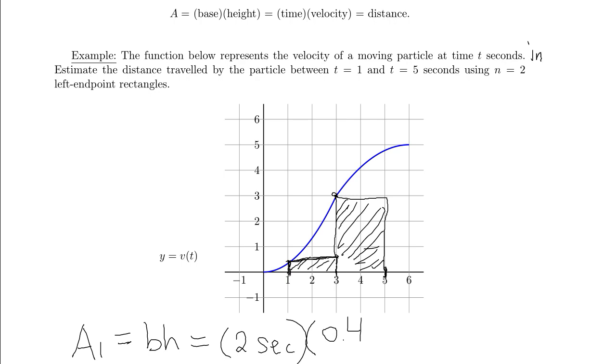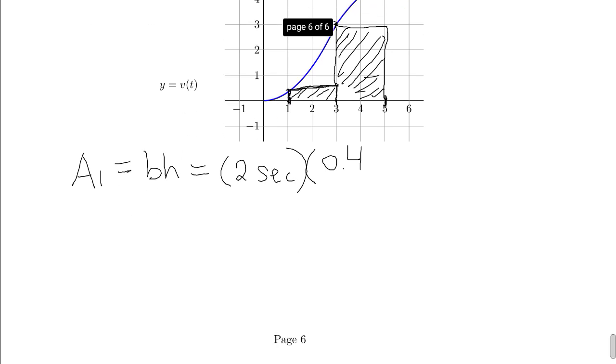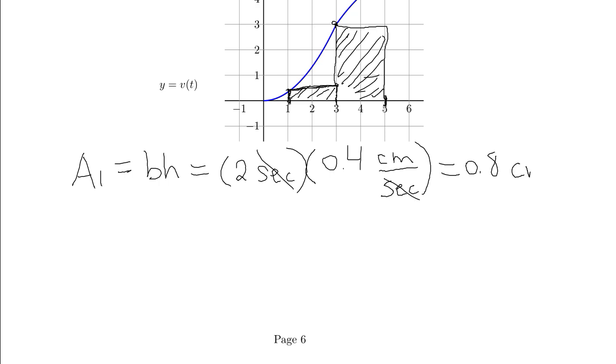Let's say it's in centimeters, just to give ourselves a unit. So our height is roughly 0.4, and it's a velocity, it's a derivative. So remember, there's always a rate attached to this, and so we would say it's centimeters per second. And so what you can see happening here is the seconds are going to cancel, and what we're left with is a distance. We're left with 2 times 0.4, which is 0.8 centimeters.